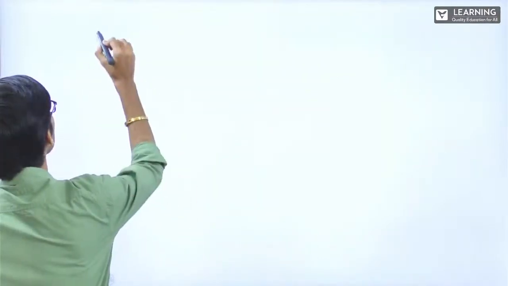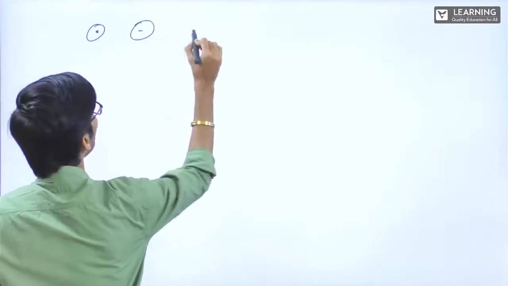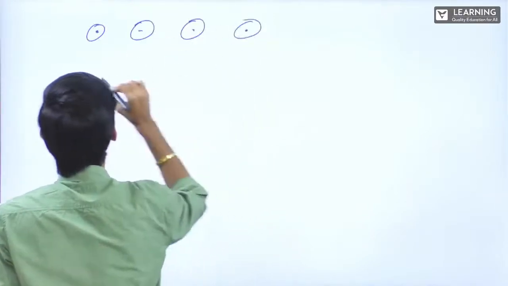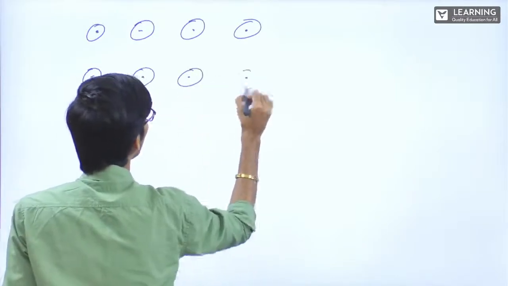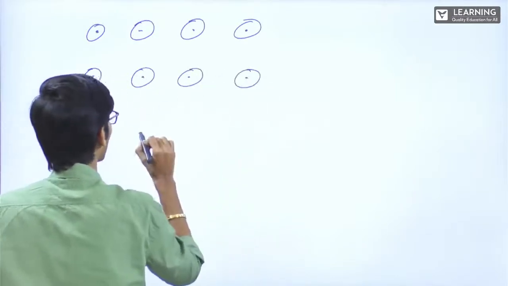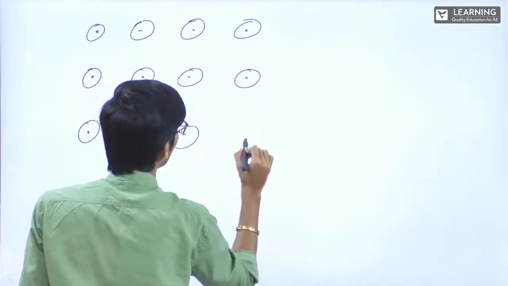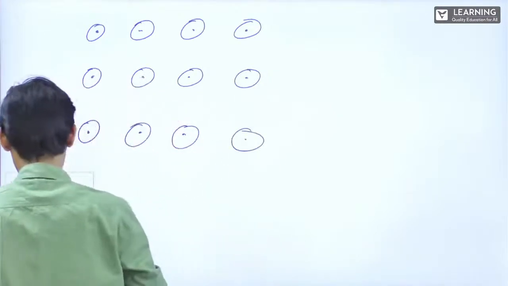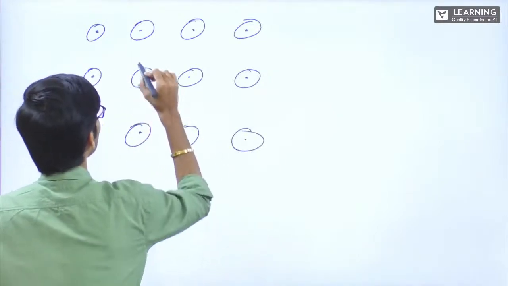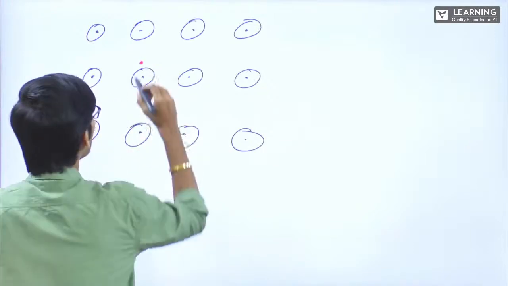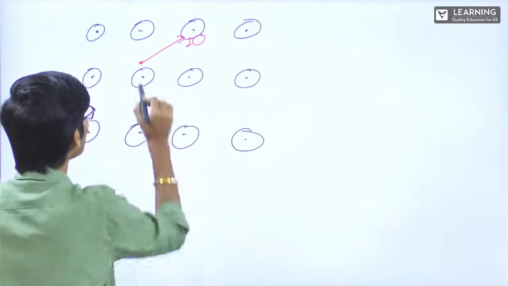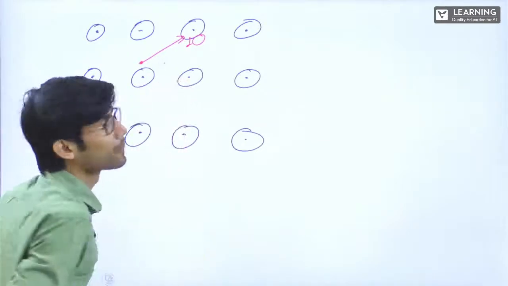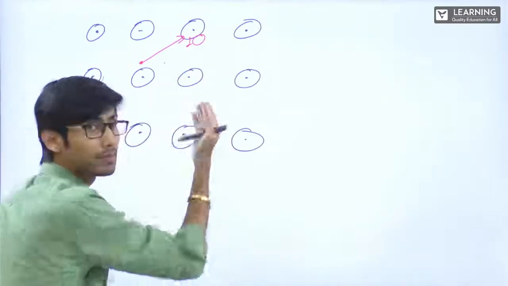See here. Finally we'll get something like this. This is the particle, let's say, having velocity this, that is 10. Magnetic field is coming out.